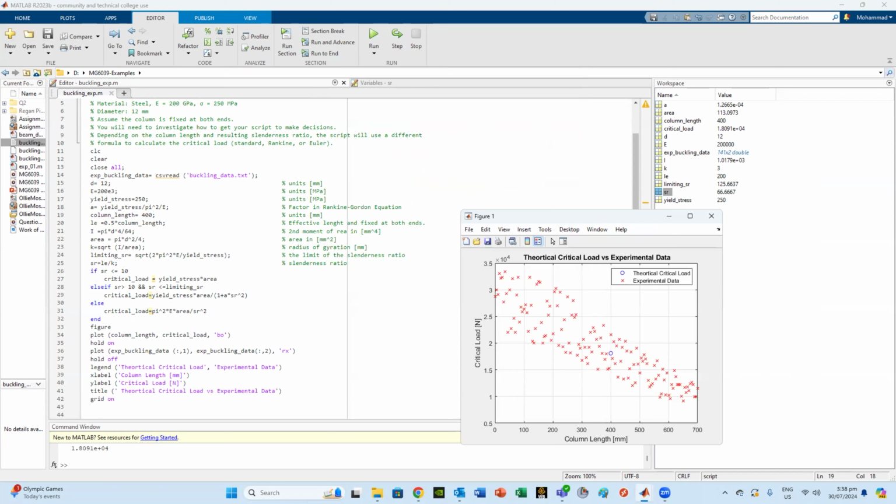All the comments here. Here is where it's the interesting thing. So you have the slenderness ratio, you compare it to the limit. So if the slenderness ratio is less than or equal to 10, based on the theories of buckling, then you straightforwardly use the equation: critical load is equal to yield stress times the area.